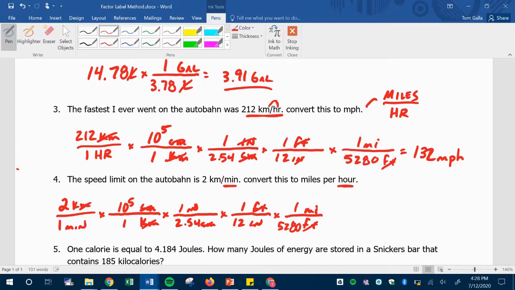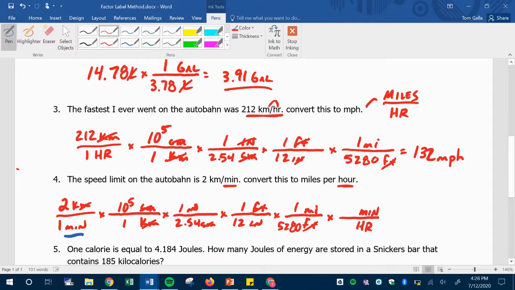So now when we convert minutes to hours, what's different here is the fact that as we're converting, we know that there are 60 minutes in an hour. Now let's go back and look. Now at the very beginning, minutes was on the bottom, which means that in order for us to cancel it out, minutes needs to go on the top here and hours needs to go on the bottom.